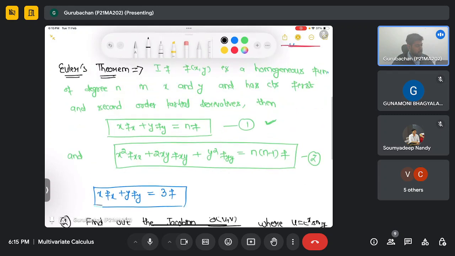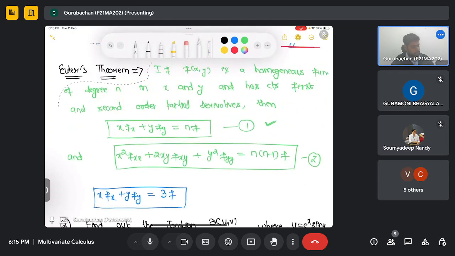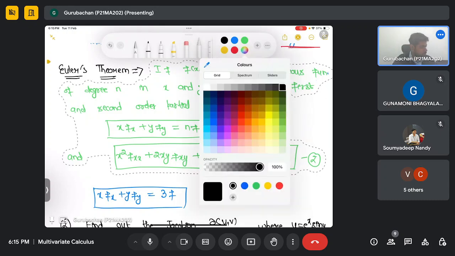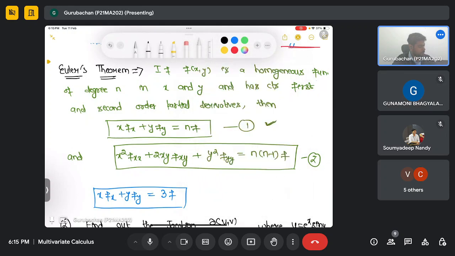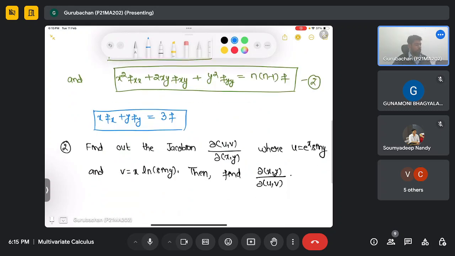Till then, let me do some more changes here. Please try this. Jacobian: the sir has told us in the lectures on change of variables the formula of the Jacobian.